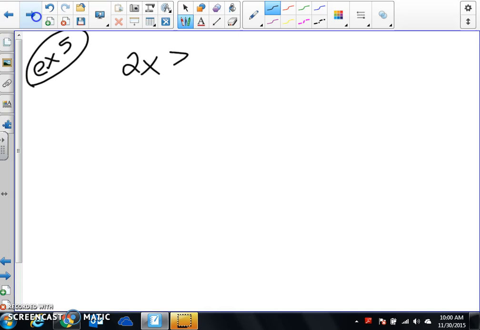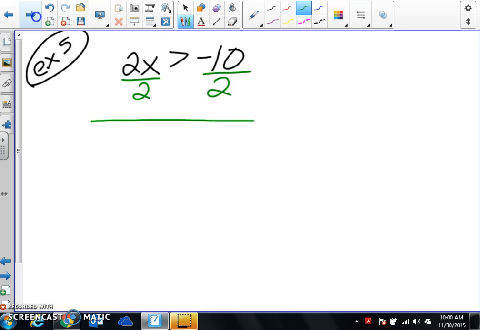2x is greater than negative 10. All right, so this is 2 times x, the opposite of multiplying is dividing. Draw my line, I stop. Okay, so I just divided by 2. It is not a negative, so I did not divide or multiply by a negative. That's why I just go ahead and keep my inequality right here.